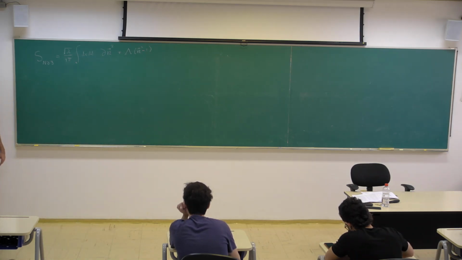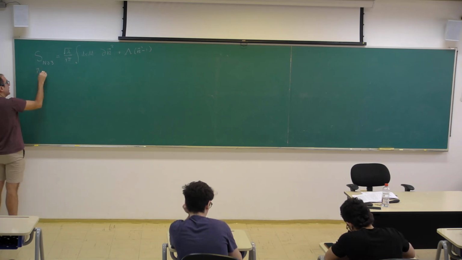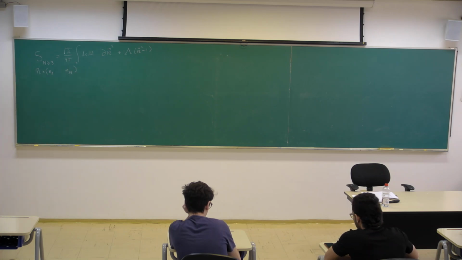So this would be the action for my model. It's just a bunch of scalars. n is n1 up to n capital N. If it was not for the second term, it would be N massless scalars. But because of the last term, it's N scalars with one constraint, so this would be points on a sphere.